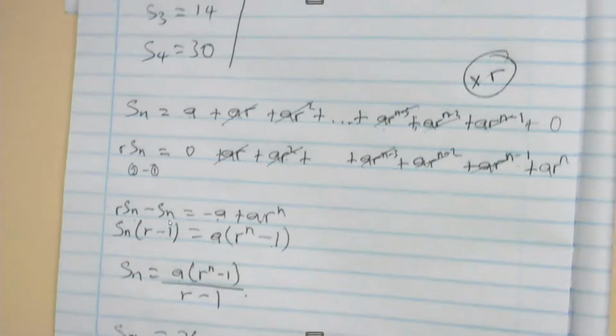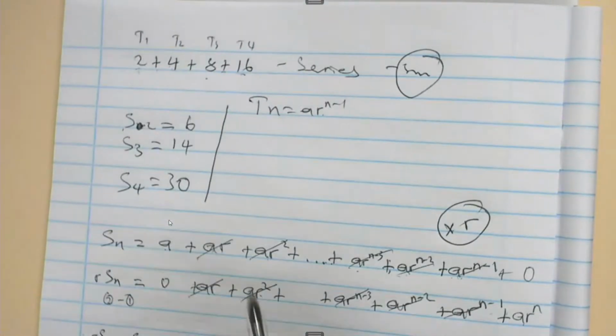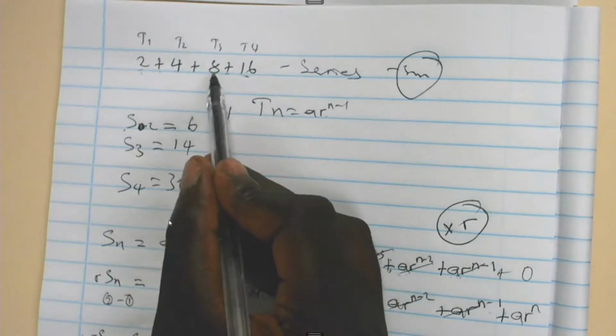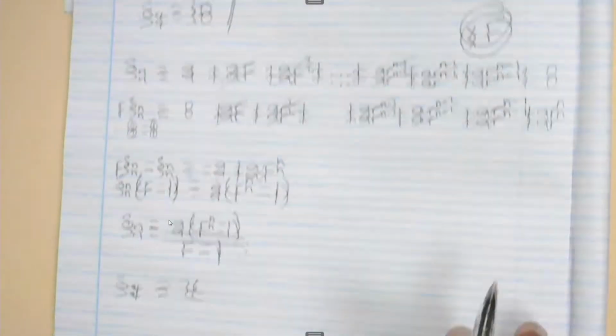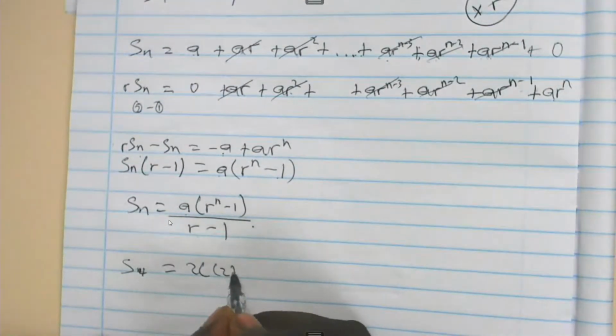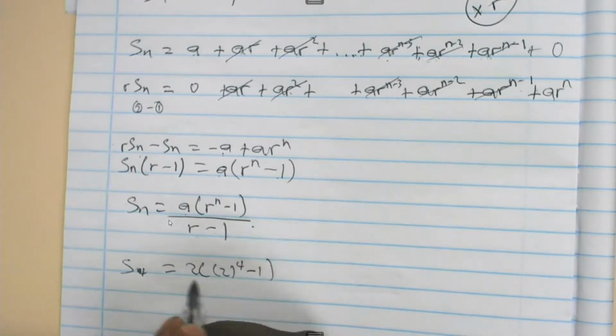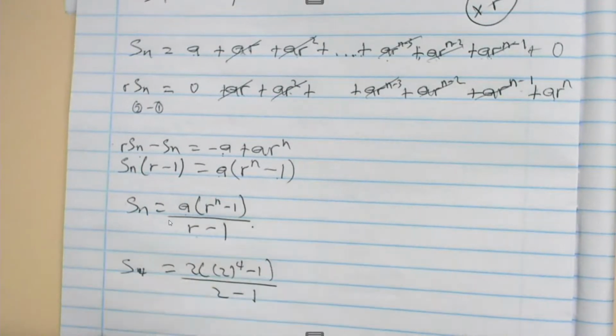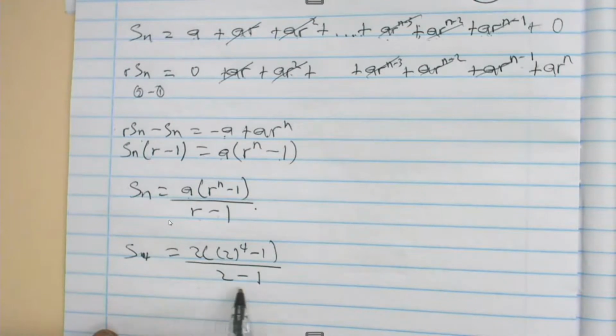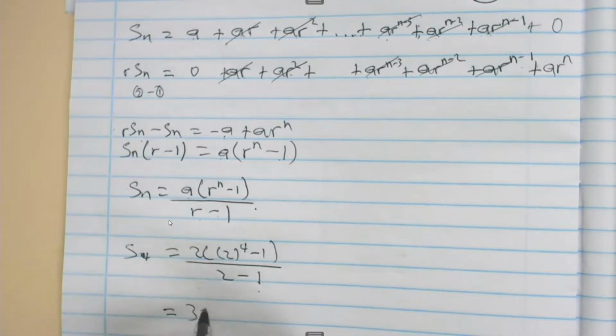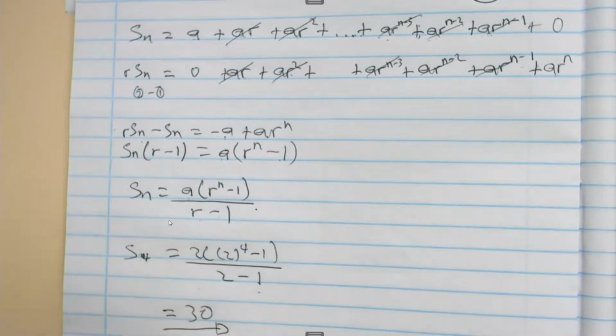The constant ratio of this series, if we say 16 divided by 8, is 2. Therefore our r is 2. We are going to have 2 to the power of 4 minus 1 all over 2 minus 1. If you punch this on your calculator, you are going to have the answer as positive 30.